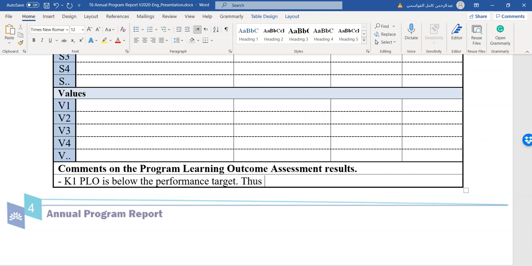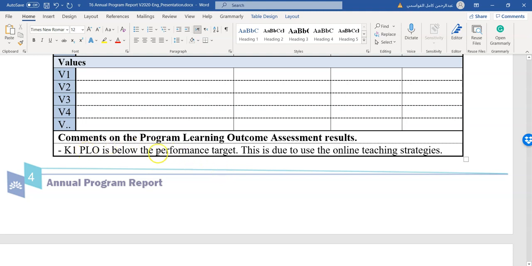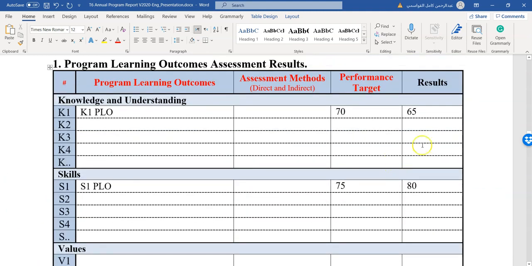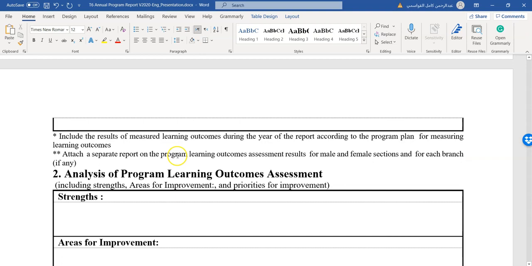This, for example, is due to use, for example, the online teaching strategies. If you have any other comments, you write them here. If you don't have and your results are all above the performance targets, you can write nothing.